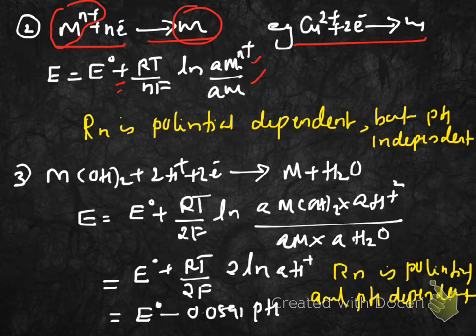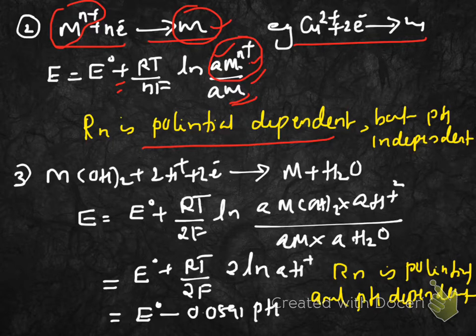Here reaction is potential dependent. When the concentration of M n plus varies, since metal is a solid, we are taking the value as 1. So the varying parameter is activity of M n plus. When the concentration of metal ion, activity of metal ion varies, potential also changes.